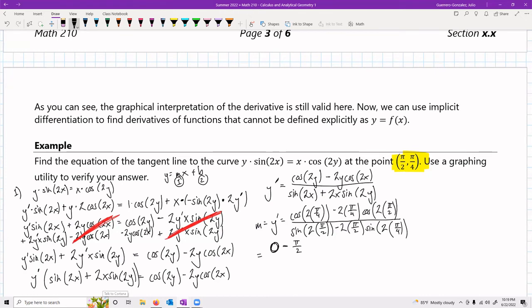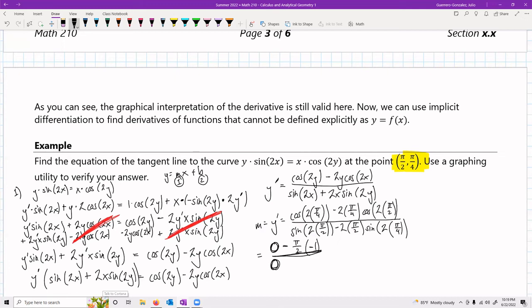So this is going to be cosine of pi. And cosine of pi is minus 1. All divided by sine of 2 times pi over 2, which reduces down to pi. So sine of pi, that is 0.